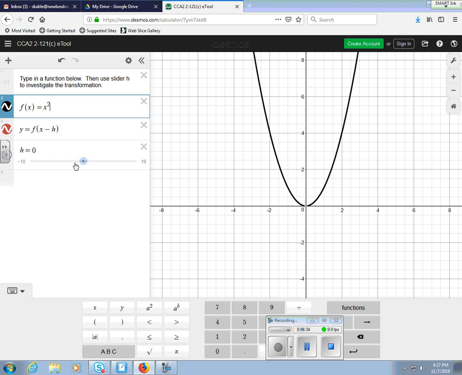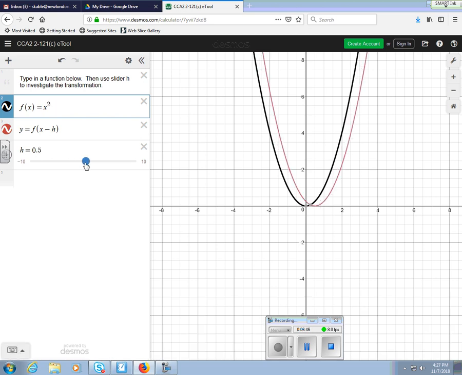And so what I'm wanting you to notice is how the graph is changing as we change the h value. So I want you to consider if you change it positive or if you change it negative. So if we change it with a positive on my slider, notice it's moving to the right.